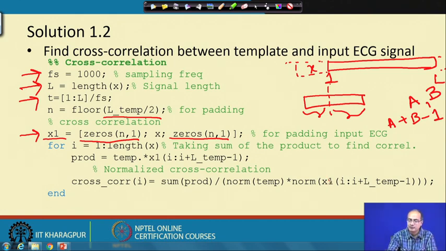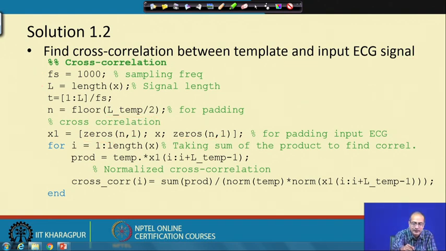Okay. So, that much we have to create as the length of the padded vector. Okay. That is what we have done, but we are interested only in the correlation values at the A points, and we will just keep track of that. Okay. So, now in this loop we are just doing that.